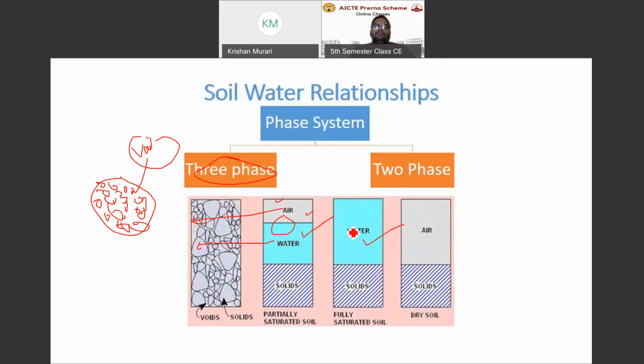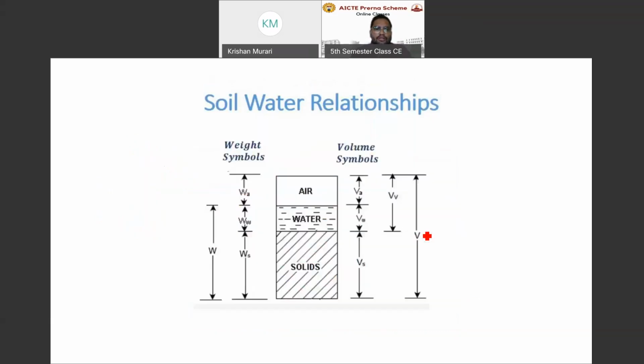But in the special case of fully saturated soil, the three phase system is converted into two phase, because air is replaced by water. And in the second condition, if the water is expelled or evaporated, then also the three phase system converts into a two phase system.